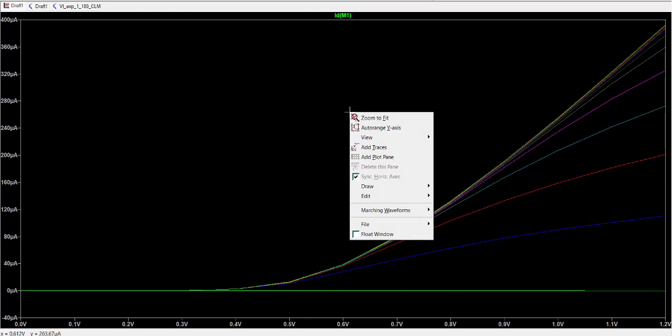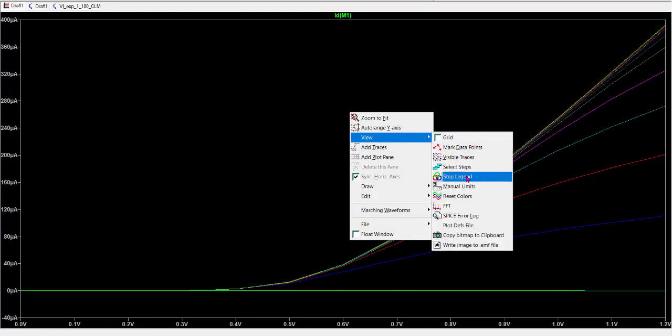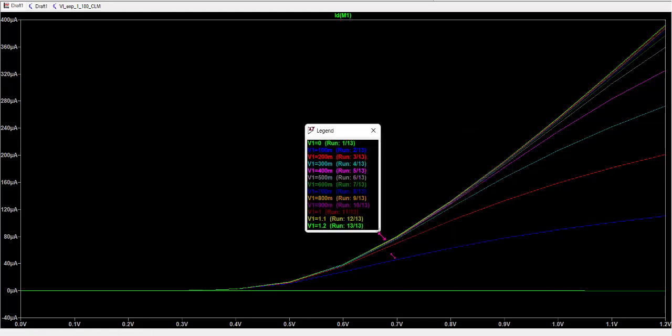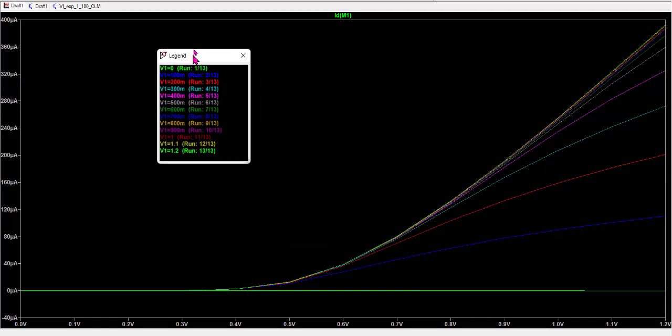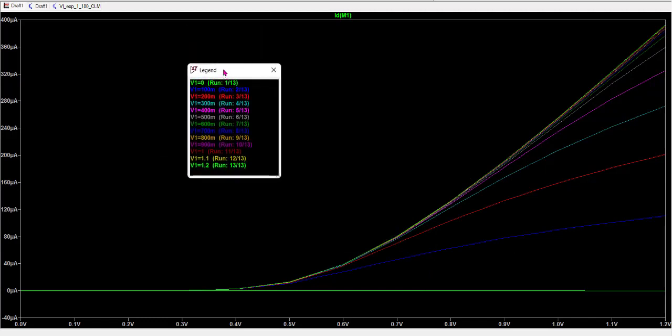So now what is happening? When my VDS is 0 volts, that is, I have not applied any voltage, you see the green line is a straight line, there is no current, right? Now as my VDS is increasing, you can see that there is an increase in the value of current also, right?